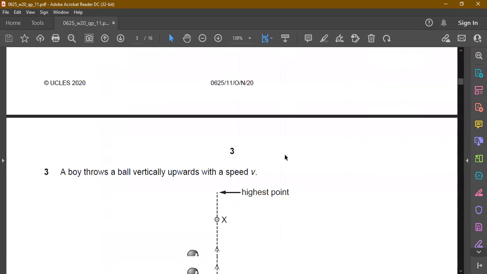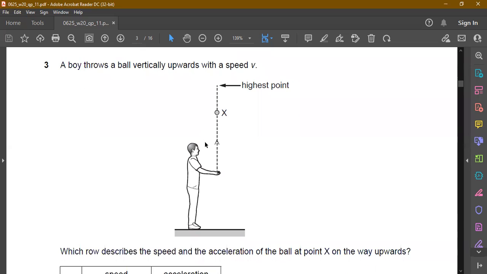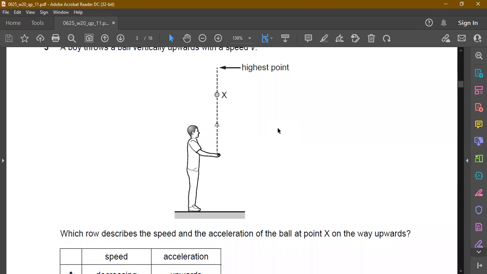Continue. Number 3, a boy throws a ball vertically upward with a speed v. This is the diagram. Which row describes the speed and the acceleration of the ball at point X on the way upwards? Remember, maybe you also have experience: when you throw something upward, of course the speed will be decreasing.